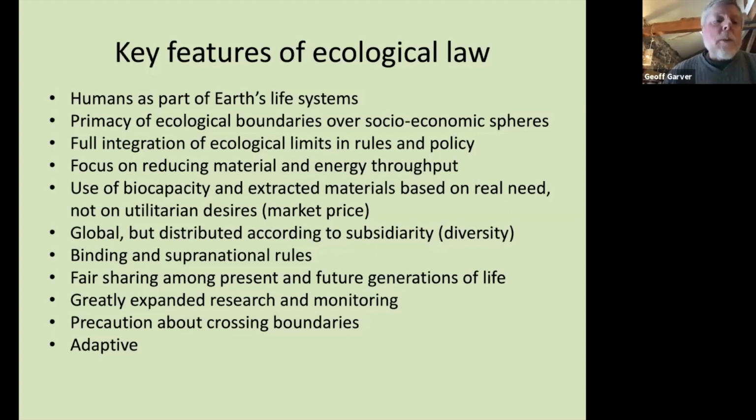Again, part of the purpose of these studies is to show that ecological law is fully integrated in all aspects of rule and policy. It's not just a boutique area like environmental law has tended to be. A new feature that I'm including in my list now that really comes from Carla Sbert's work is that the use of biocapacity and extracted materials is based on real need, not on utilitarian desires or market price.